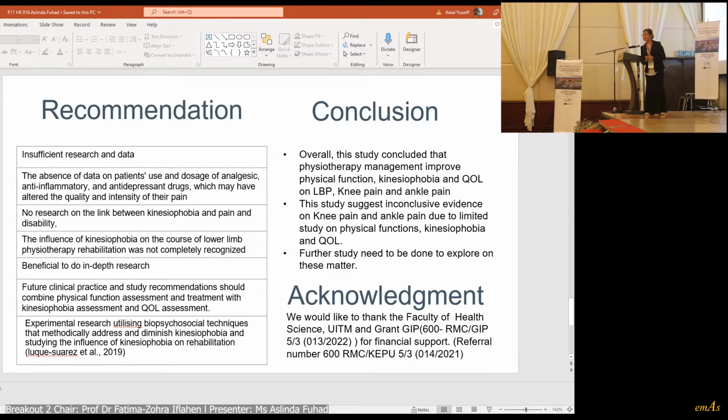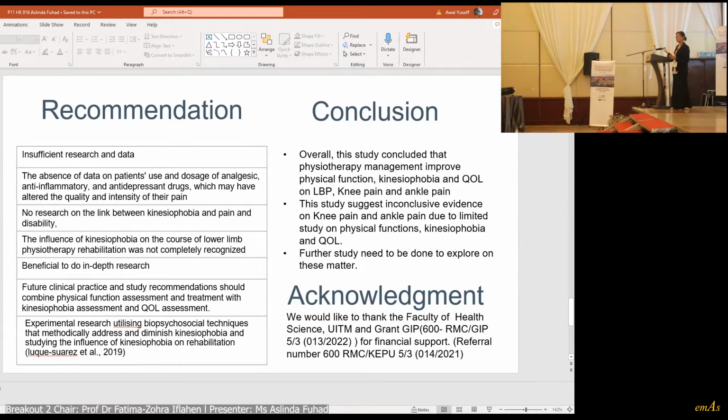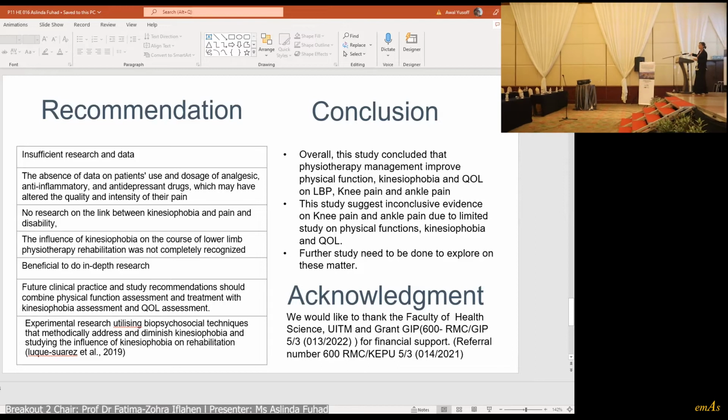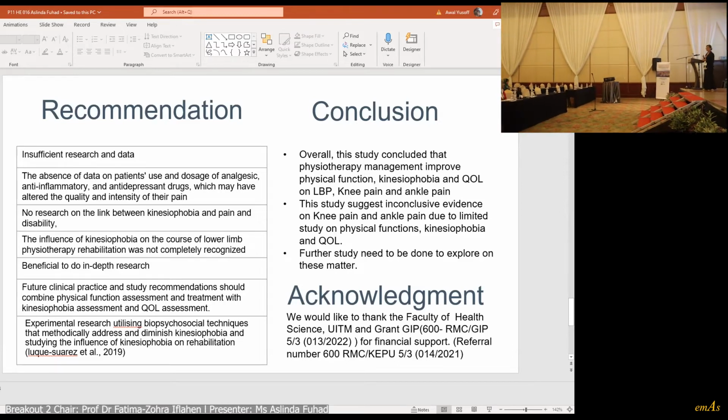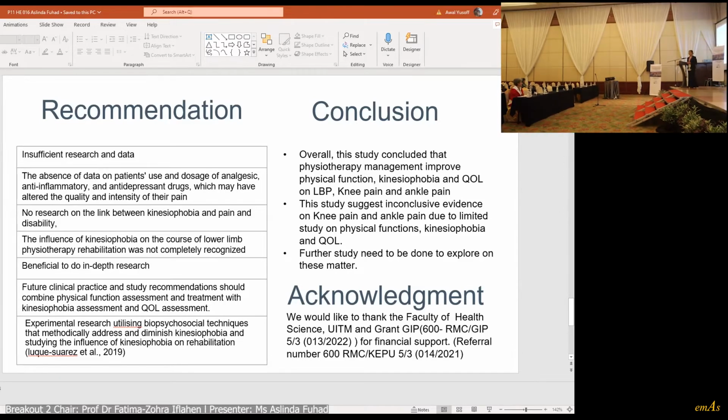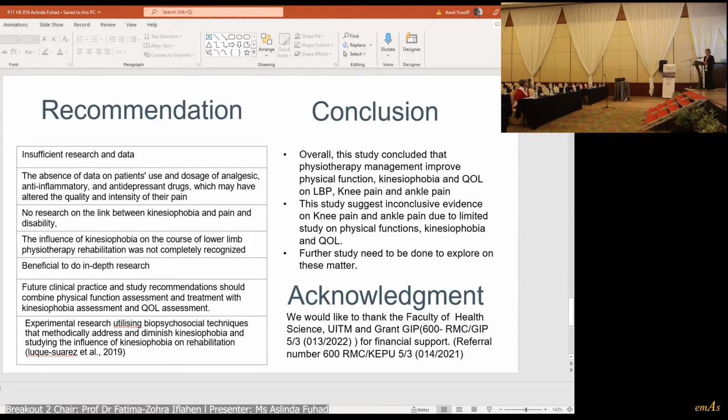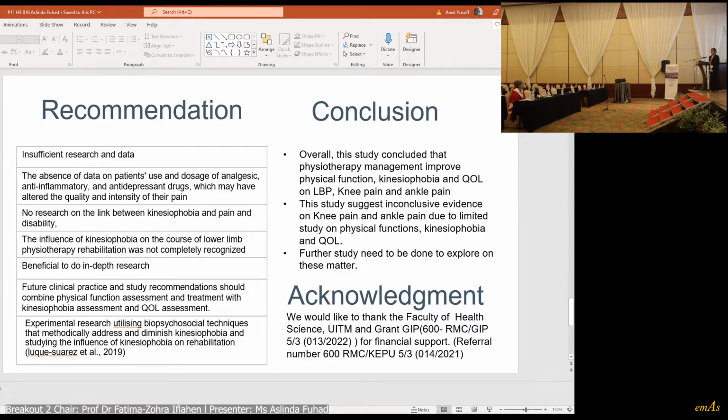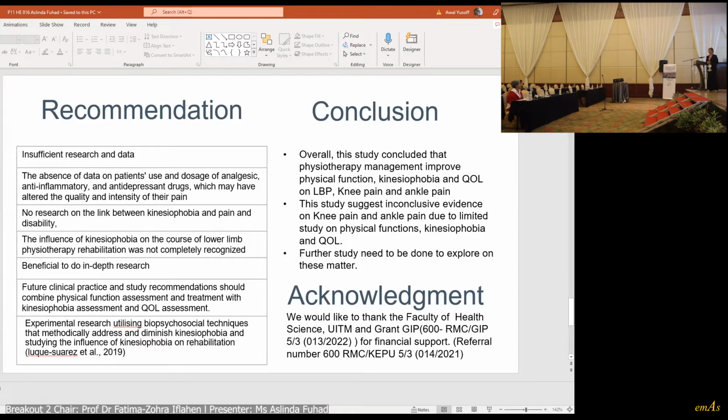But for your lit review, it was people 60 and above. No, this is a general population. Okay. General population. All right, it's not 60 and above. No, it's a general population, but I can say that the lower back pain studies are more on the elderly, but the studies involving the knee and ankle are more on younger populations.